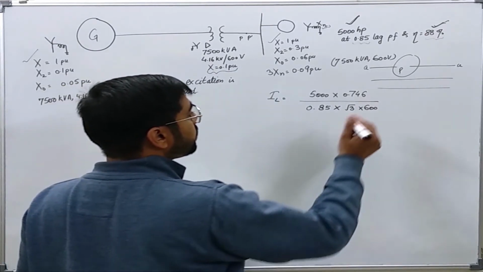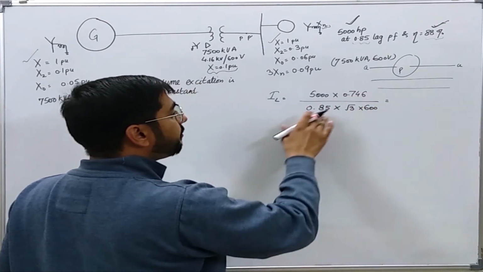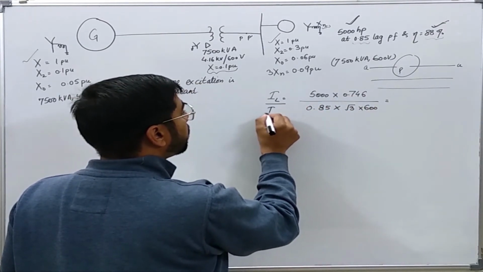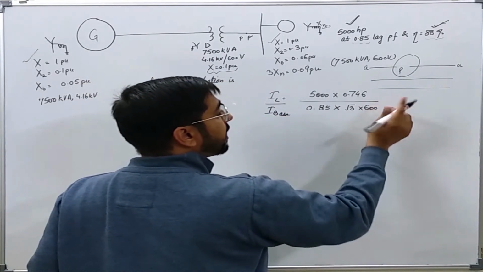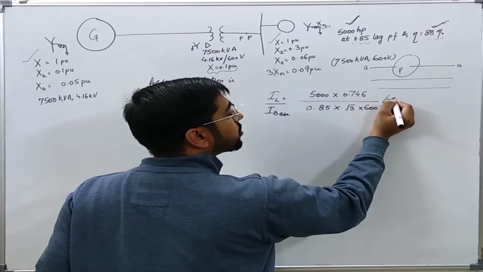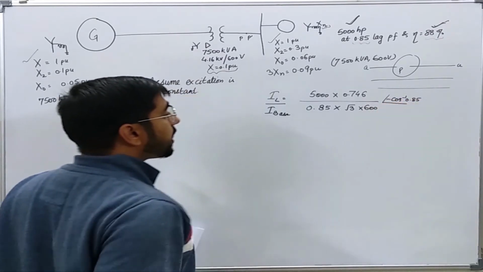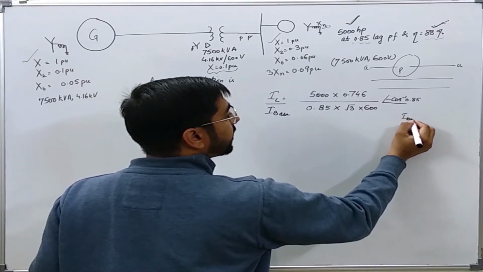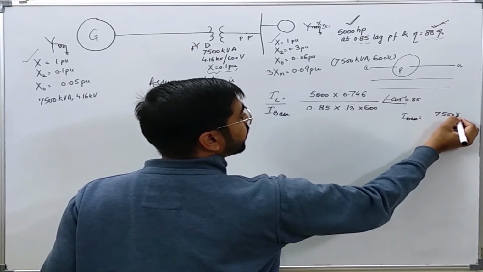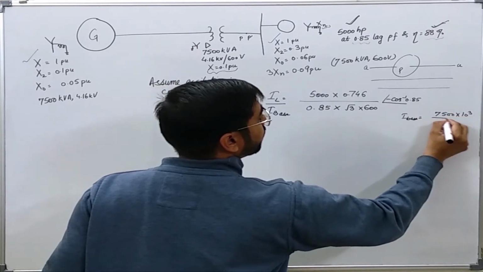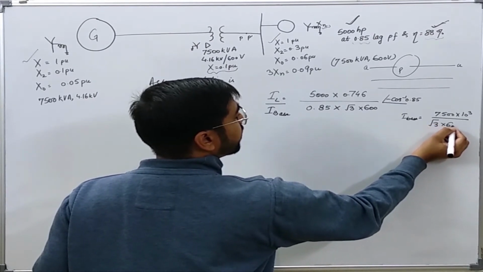So if I again divide it by the base value, I_base, this current is going to be lagging, at minus cos inverse 0.85. Now I_base on this side of the circuit is 7500 kVA divided by √3 times 600.